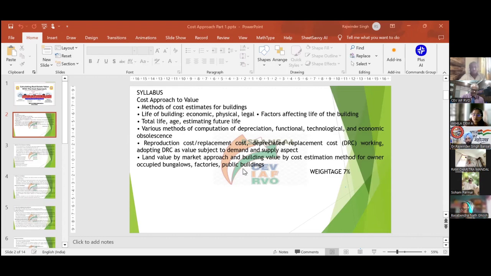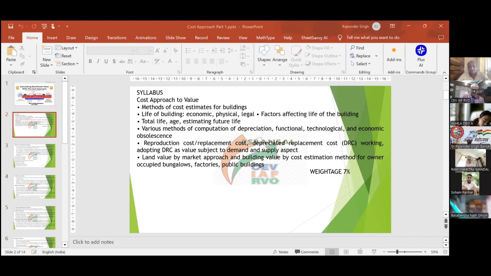Then, for calculating depreciation, there are many methods. So we will discuss various methods of computation of depreciation. Then functional, technological, and economic obsolescence we will discuss. Then we will use all these things to calculate the depreciated replacement cost of the building.